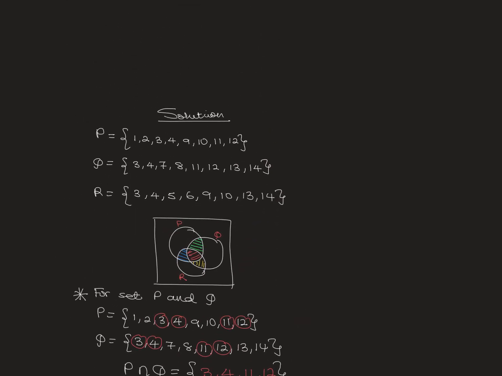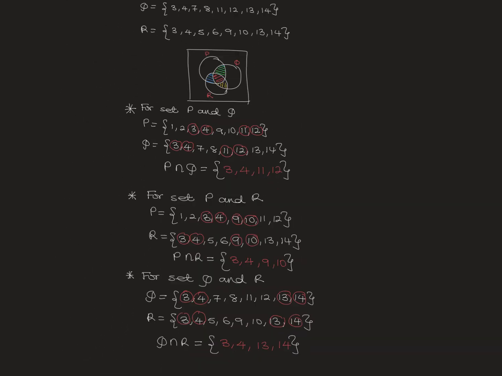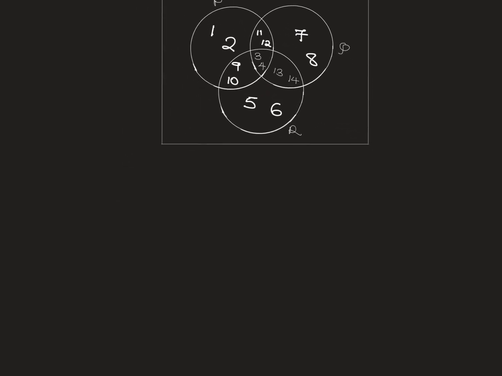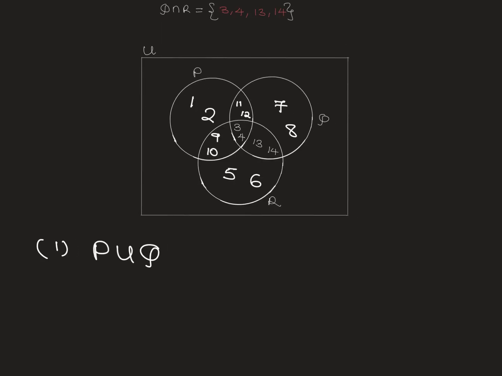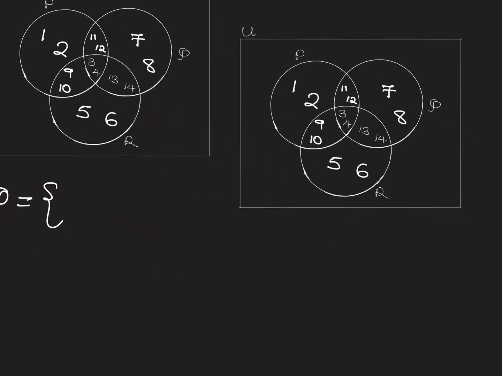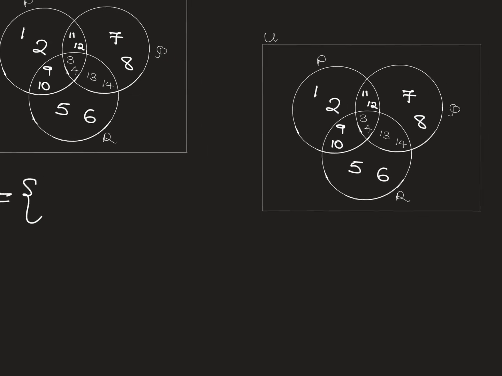Question 1 is P union Q. That is, if you unite set P and Q, what are the members? Let me try to extract the diagram for you and show you that.